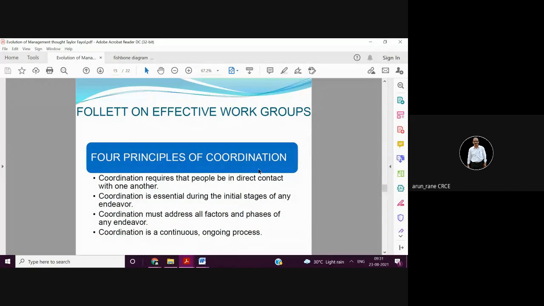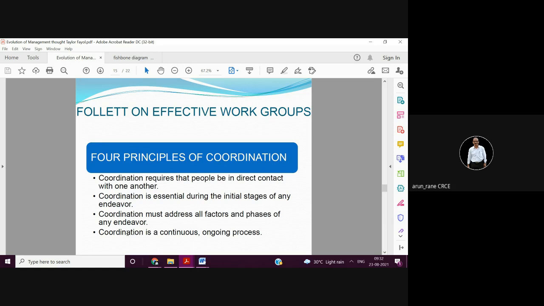These are the four principles of coordination. Coordination requires that the people be in direct contact with one another. Coordination is very essential during the startup, initial stages. You have to address all the factors and phases of the business or any work.